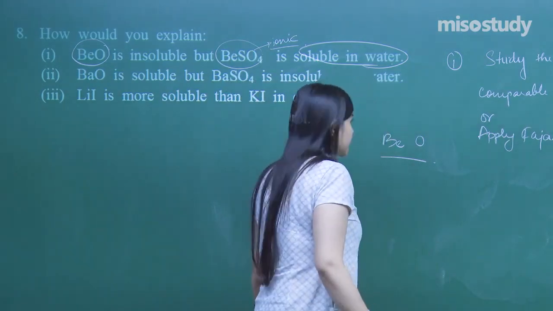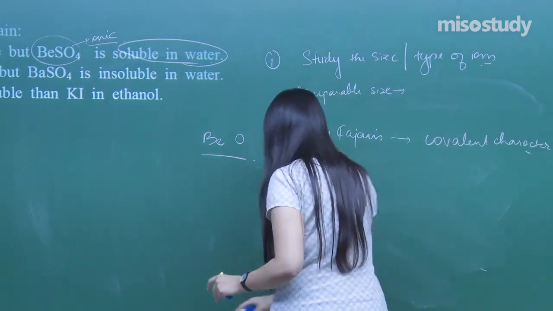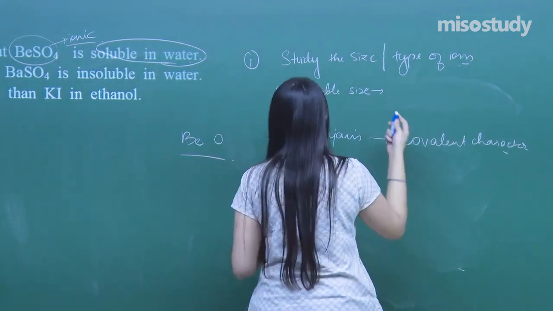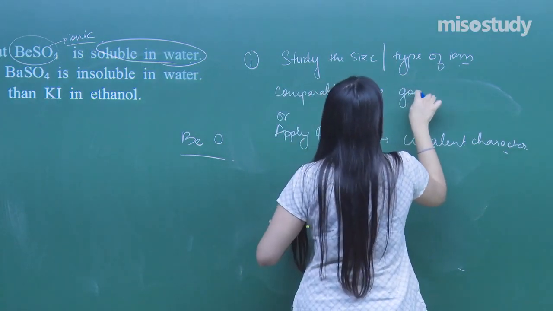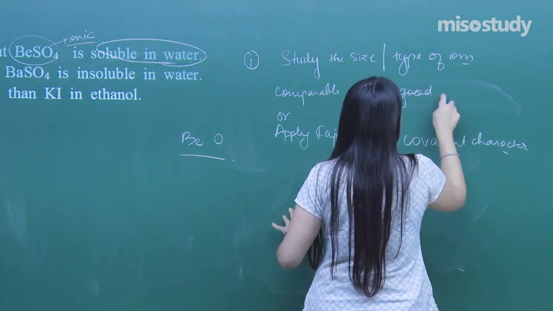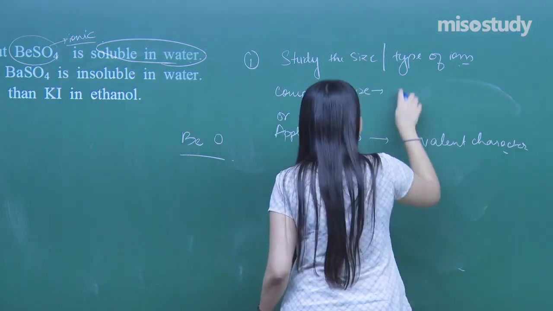Just correct it over here: whenever they have comparable sizes, that means good, or I can say more lattice energy.